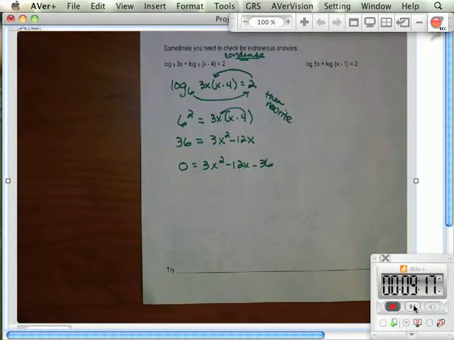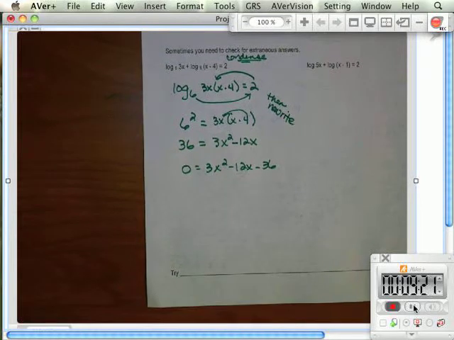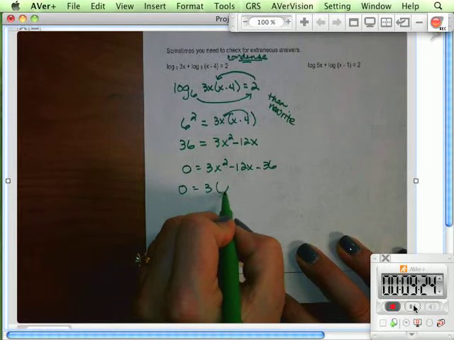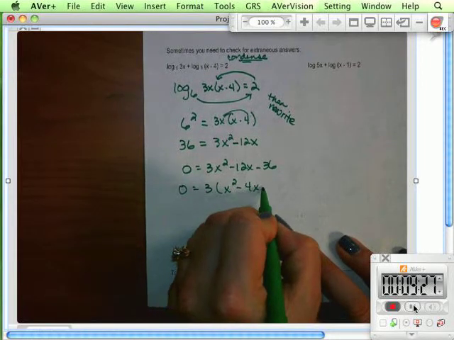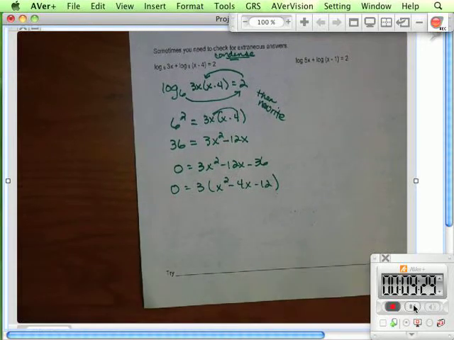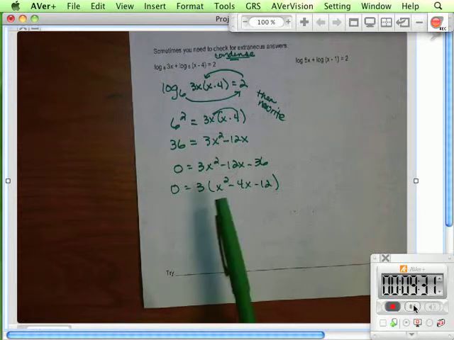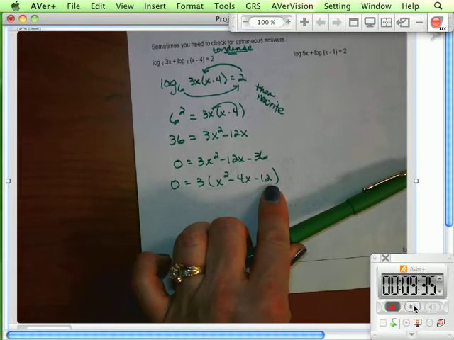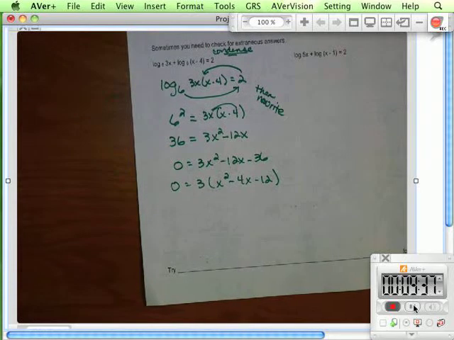Probably the easiest thing to do is remember, look at each term. Can I divide something out? Yeah, let's do that. Now I have a leading coefficient of 1, so the easiest thing to do is just look at the end term, negative 12, factors of negative 12 that add to negative 4. Can you think of it? Factors, negative 6 and 2, right on.